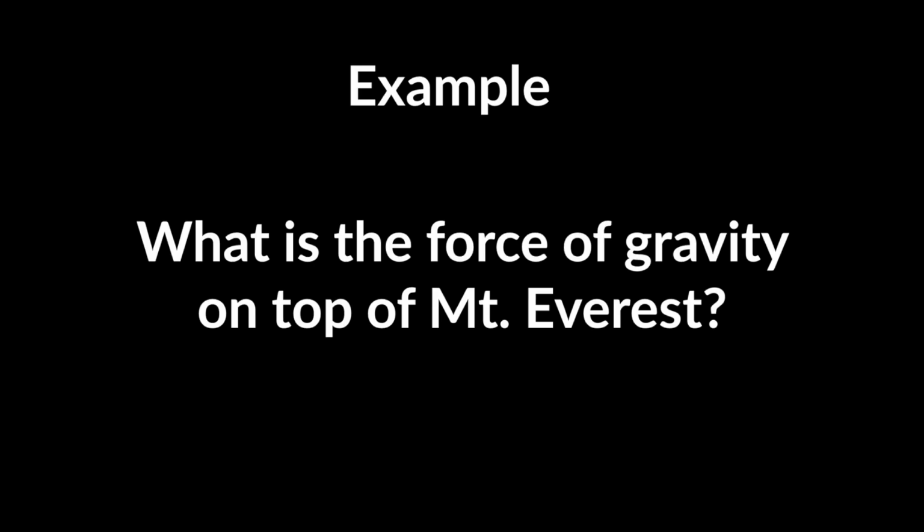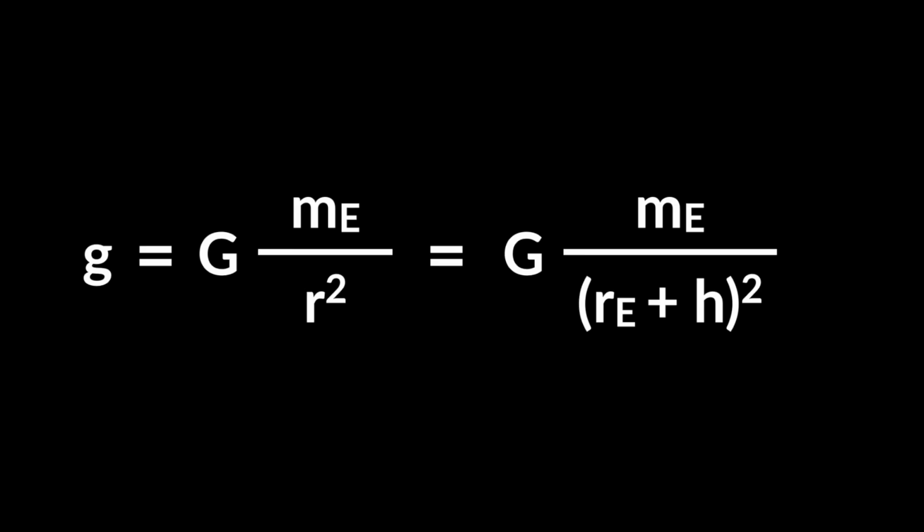So the force of gravity on Mount Everest is not going to be the same as the force of gravity at sea level. We have our equation, which is G times mass of the Earth over the radius squared, and we know that the radius, which is the distance between the center of the Earth and the top of the mountain, is actually the radius of the Earth plus the height of Mount Everest.